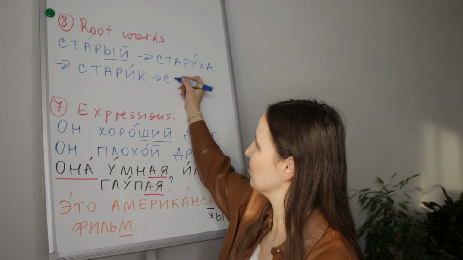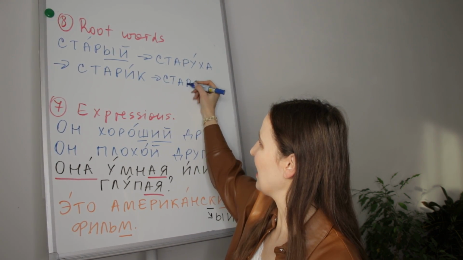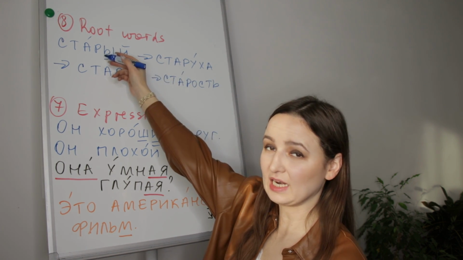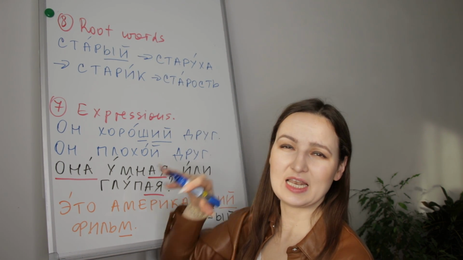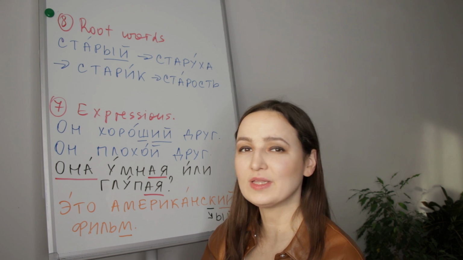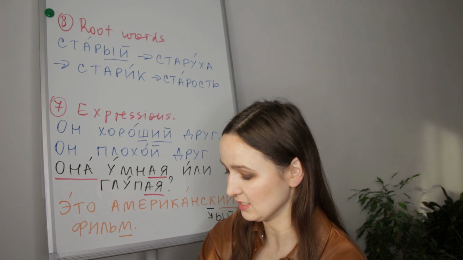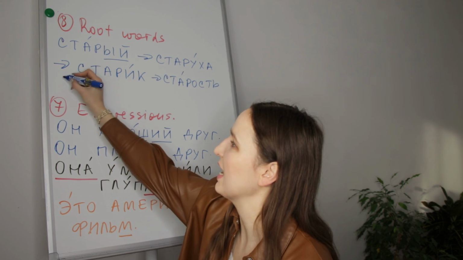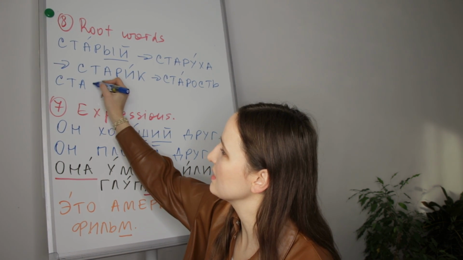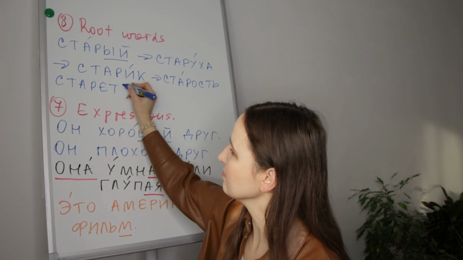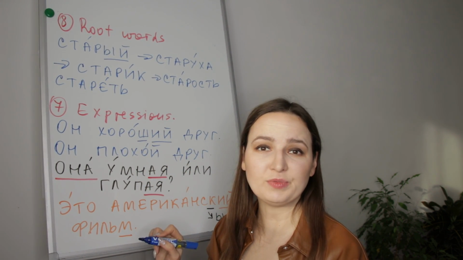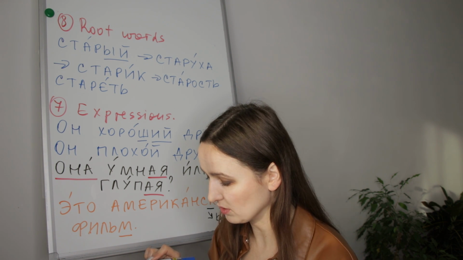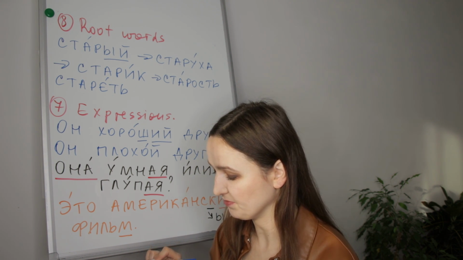Старость. Let's learn a noun as well. Старость. For старый, the adjective, старость, a noun, and it means old age. Now let's learn a verb. Стареть means to grow old. Стареть.